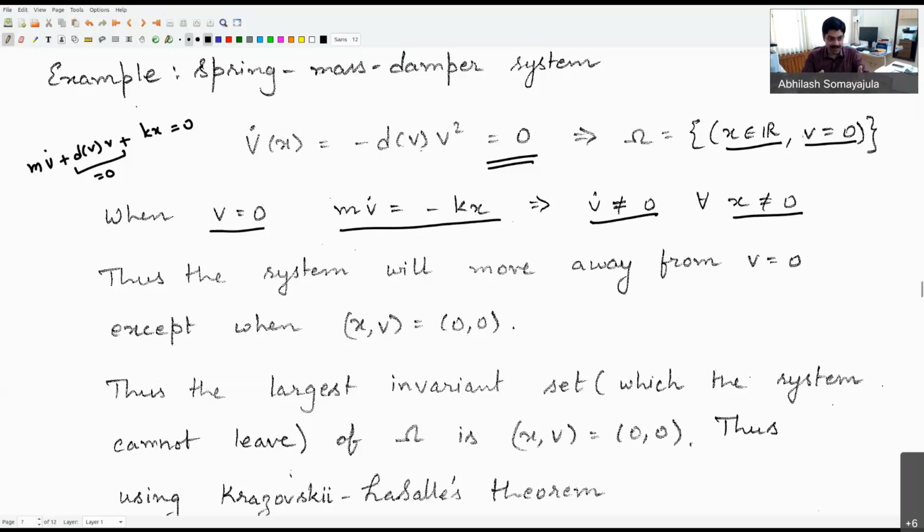If the body has some acceleration and its current velocity is 0, at the next time step I should see the velocity change, right? Which means it will no longer be in that omega set anymore, because the omega set was all the points where v was equal to 0.